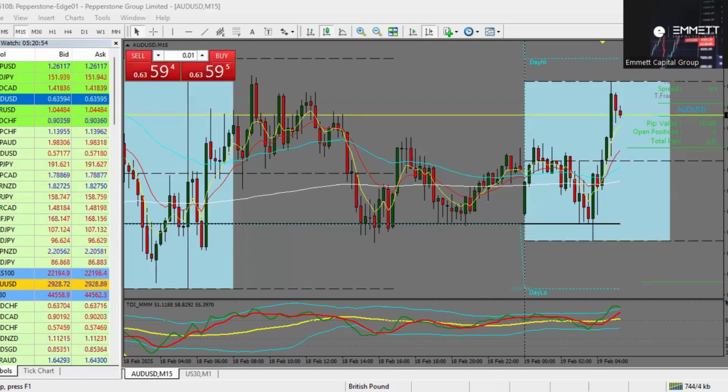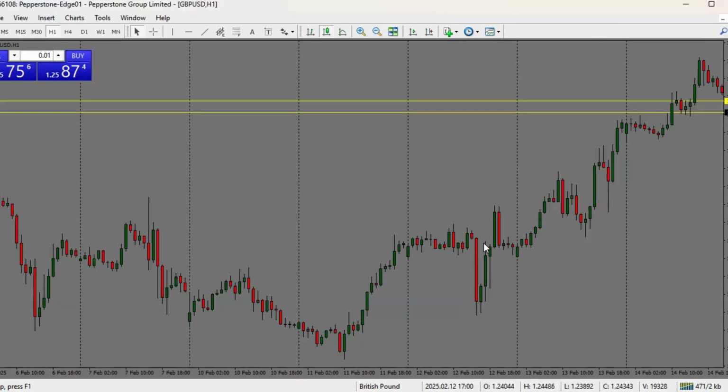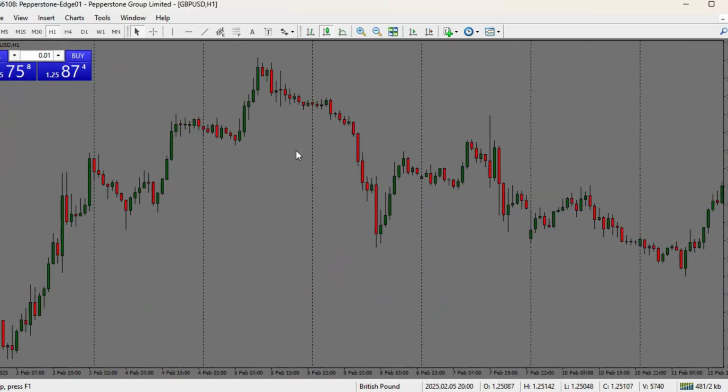Now, let's talk about how to use price action within the BTMM strategy. BTMM, in as much as it is a powerful trading method, also relies heavily on how the market is behaving. And so being able to understand how the market is moving and what the market is saying at certain key levels will help you determine a good trading decision and a bad trading decision.